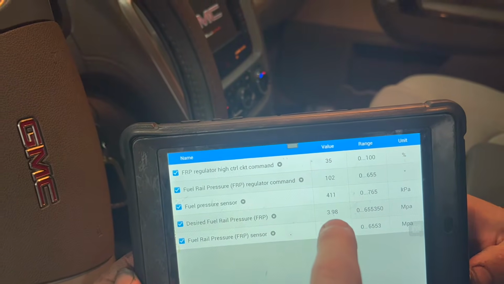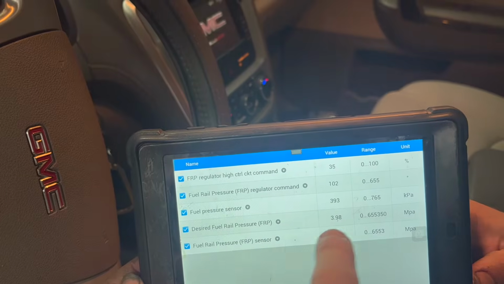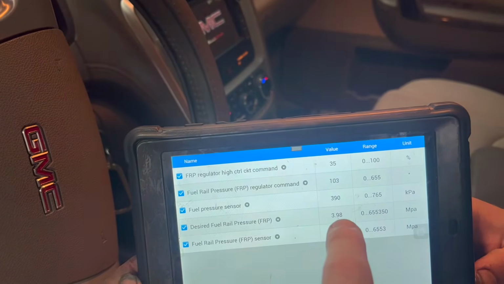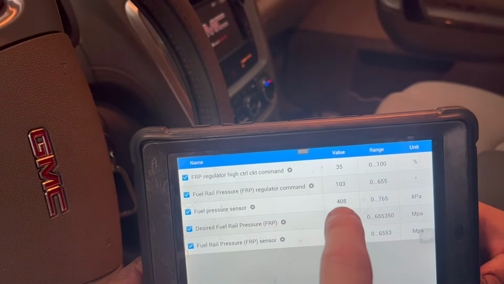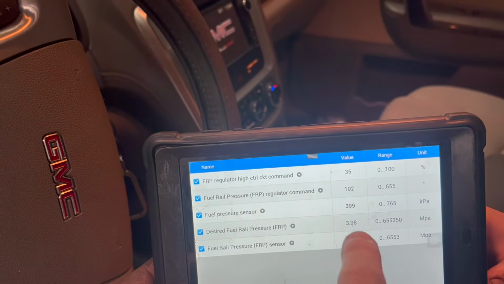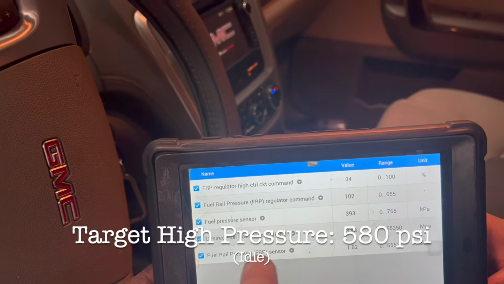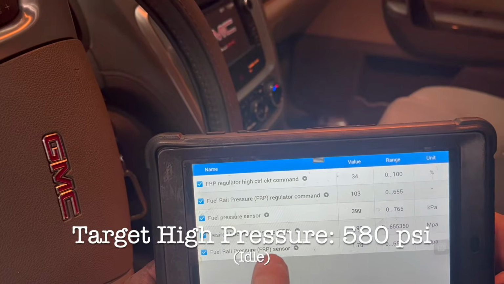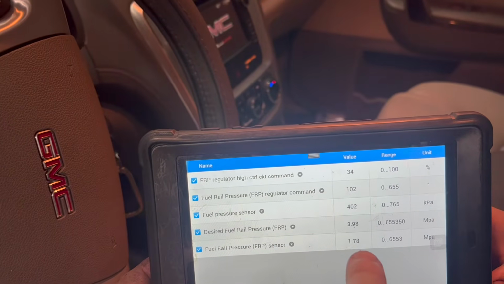This is what it wants the high pressure side to be. This is what the target pressure is. So this is 399, 400 kilopascals. This is almost 4 megapascals. This is what the actual high pressure is reading.